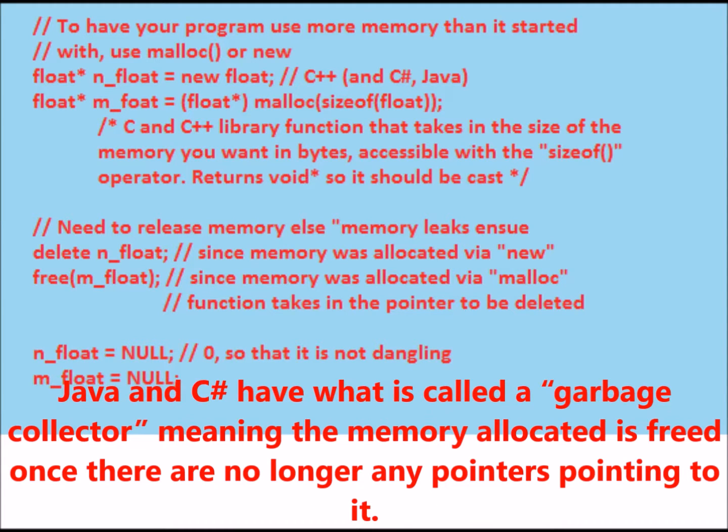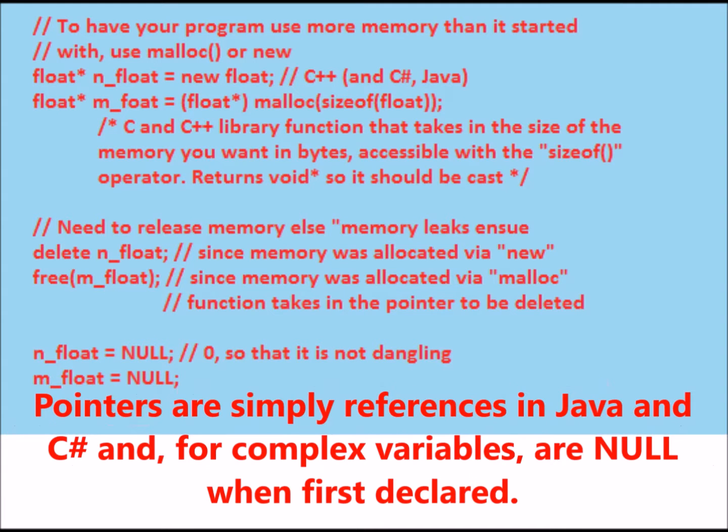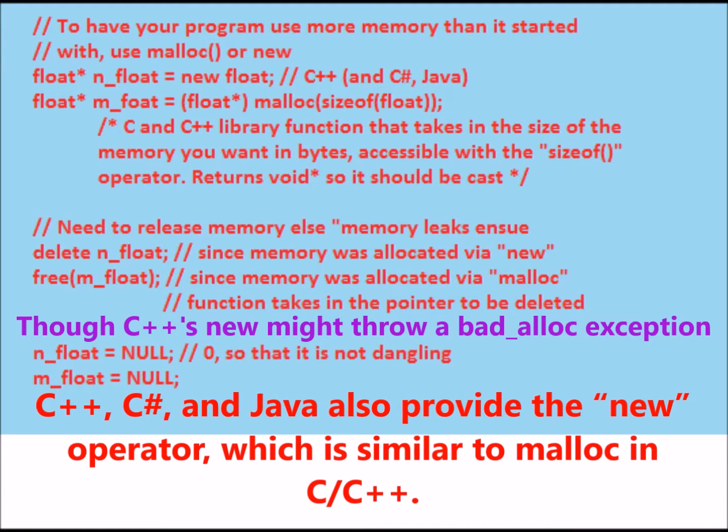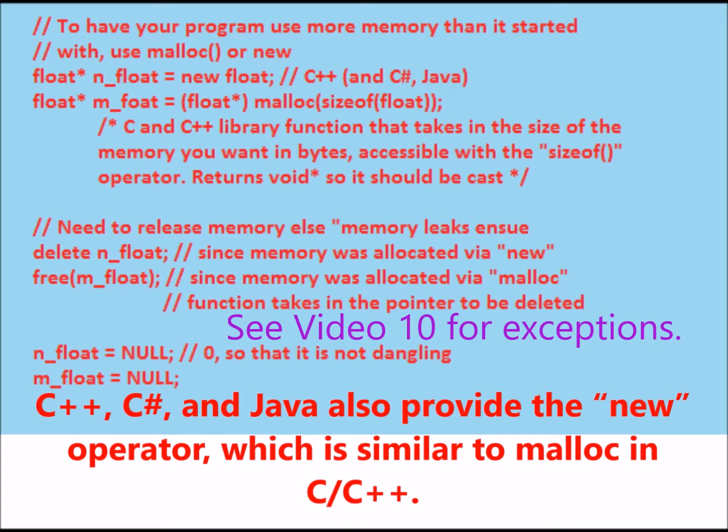Java and C# have what is called a garbage collector, meaning that the allocated memory is freed once there are no longer any pointers pointing to it. Pointers are simply references in Java and C#, and for complicated variables are null when first declared. C++, C#, and Java also provide the new operator, which is similar to malloc in C and C++.